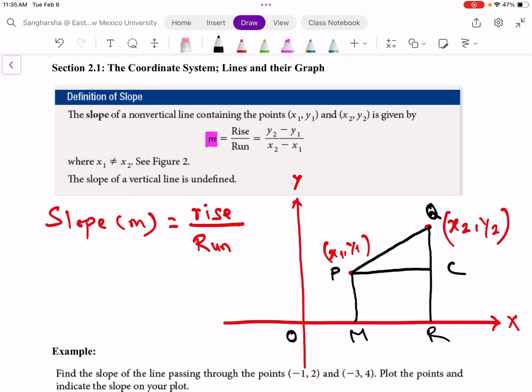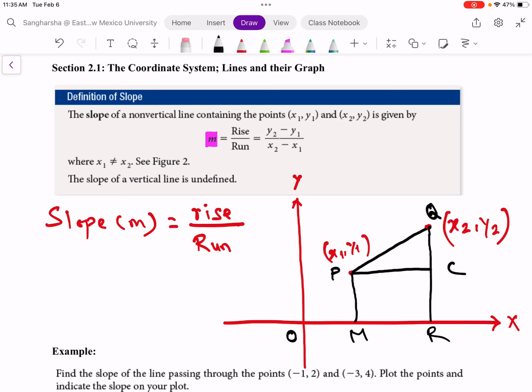What gives us the distance of a point from the y-axis, the x-coordinate or the y-coordinate? It's the x-coordinate. The x-coordinate gives us the distance of a point from the y-axis.